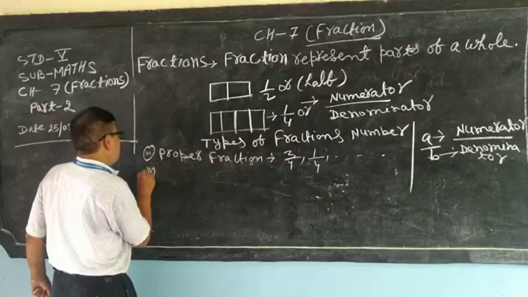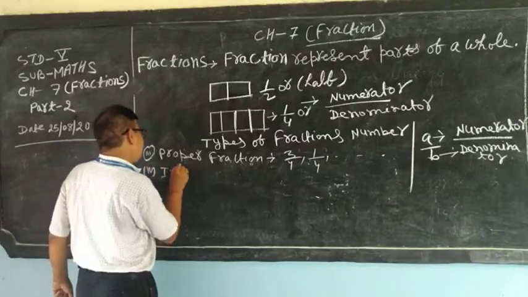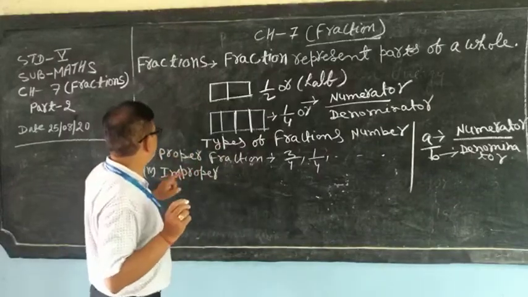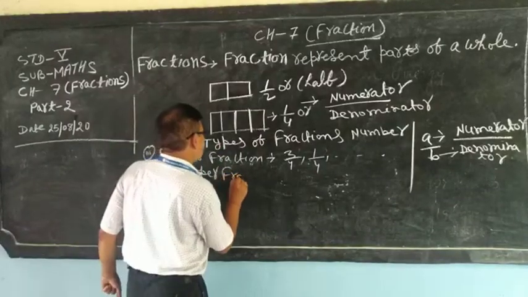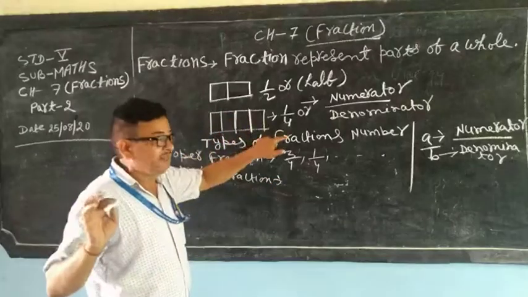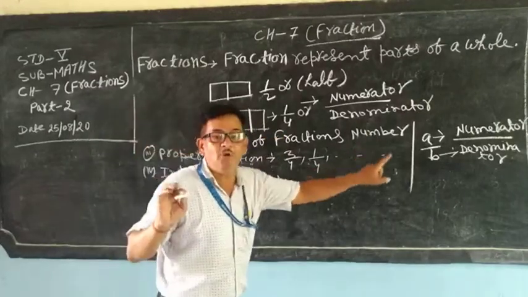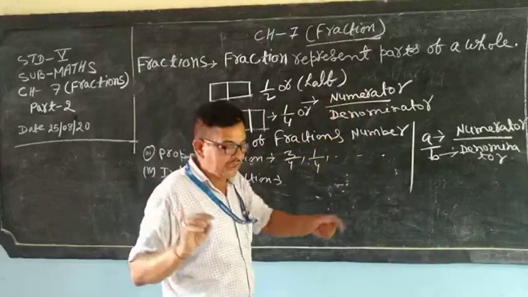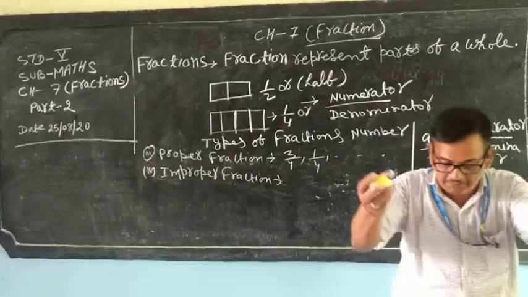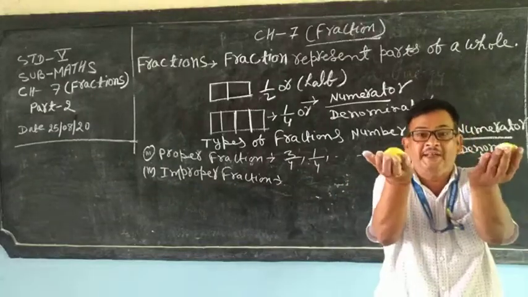Fourth, improper fraction. In this one, the numerator is more than the denominator. See this one, 4 parts are there, and now more friends came.